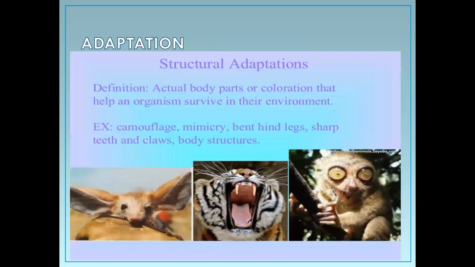Now the next is, what are the adaptations? Okay, means when the animals have to live in the environment, in the surrounding, what changes they must have, or what adaptations they have in their body which help them to survive. Basically, these adaptations help the animals to survive in the environment.